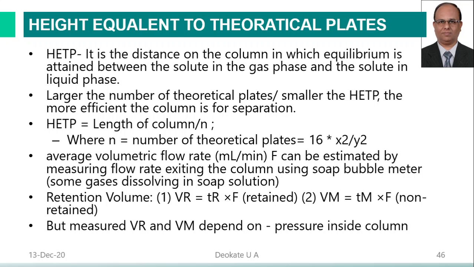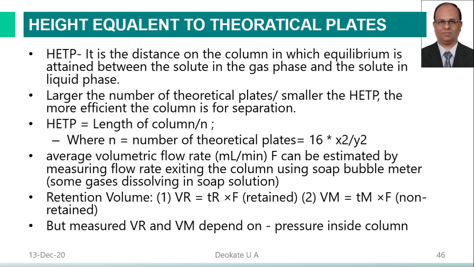The larger the number of theoretical plates and the smaller the HETP, the more efficient the column is for separation. So HETP is the length of the column divided by n, where n is the number of theoretical plates. We will consider the equation HETP equals 16 into x2 divided by y2.